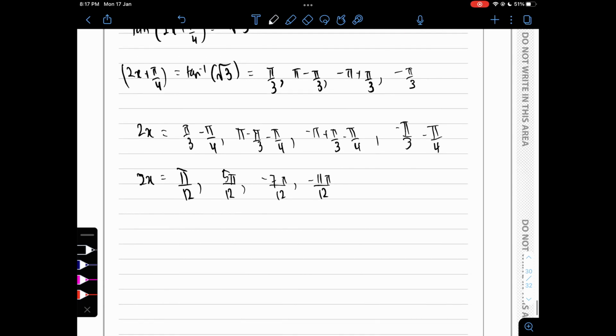Are we done? No. X equals, so the final answer, pi over 24, and 5 pi over 24, minus 7 pi over 24, minus 11 pi over 24. That's our final answer for this. All right.